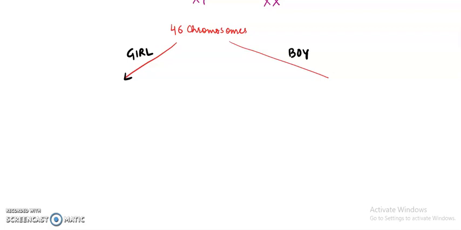If this cell with 46 chromosomes is going to divide in a girl to form a gamete, it divides by meiosis, because during gamete formation meiosis has to occur. And what does meiosis do? It makes the chromosome number half in the gamete, the cell that is formed by meiosis.